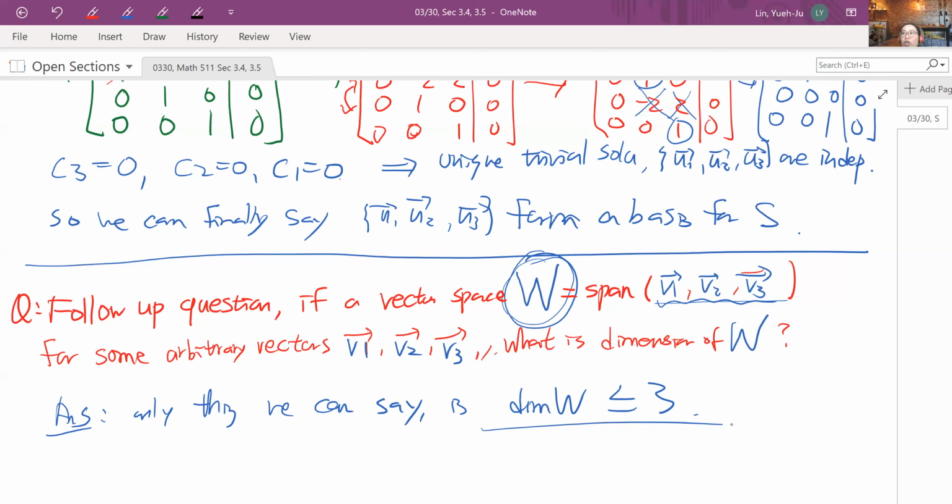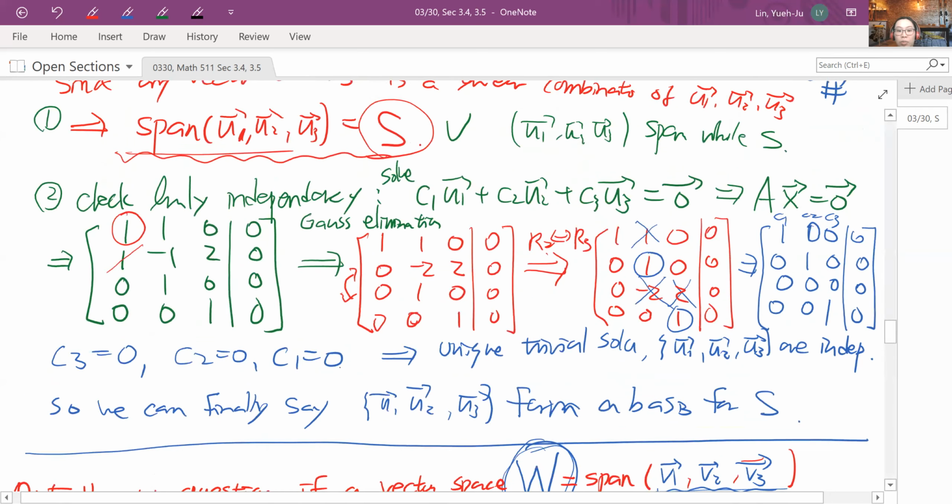So the best strategy to confirm the dimension of a vector space is to explicitly find a basis, right? Then you know that you're safe. Because if you can find, say, 4 vectors which form a basis for some vector space, then you know the dimension is 4, right? Then you don't need to guess what the dimension is. So one way to do this is to really find the correct basis.